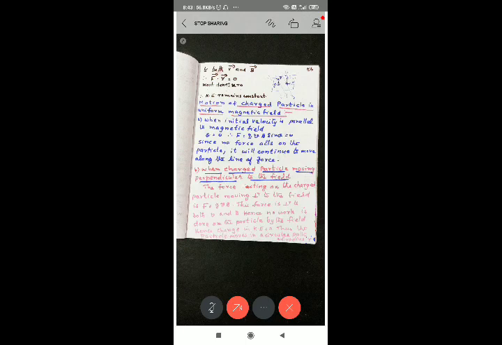It experiences no force. If the charged particle is moving parallel, it will not experience any force.